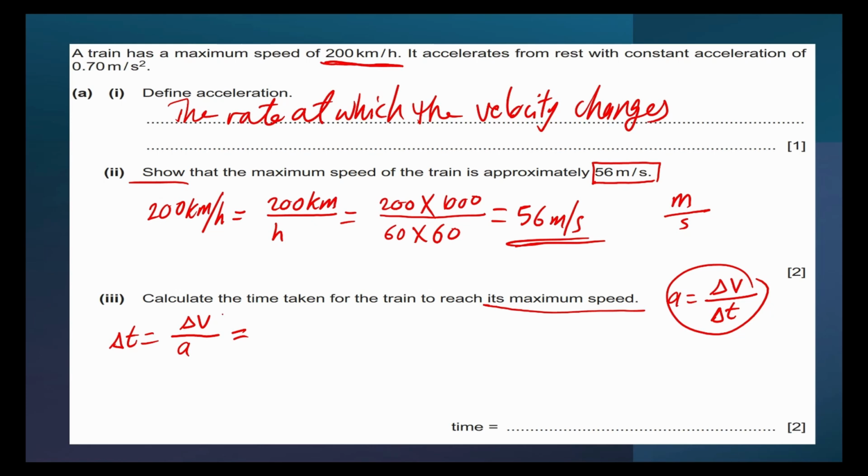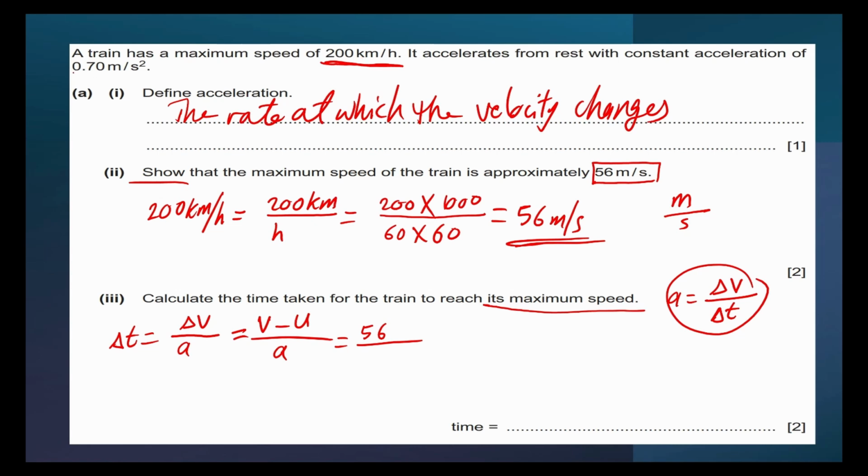So it's very simple. The change in the speed equals the final minus the initial velocity over the acceleration here. The final velocity, maximum speed, is 56 meter per second.